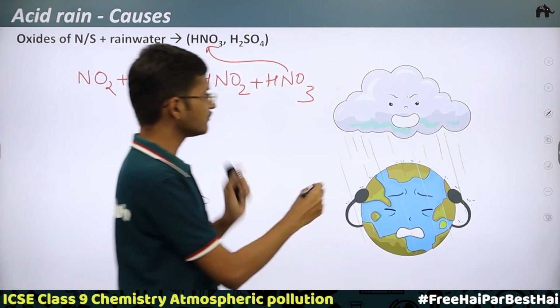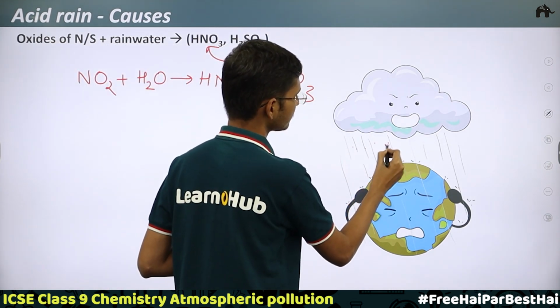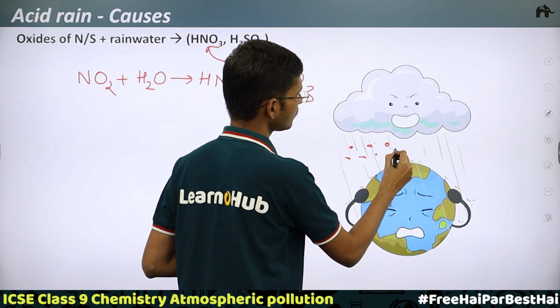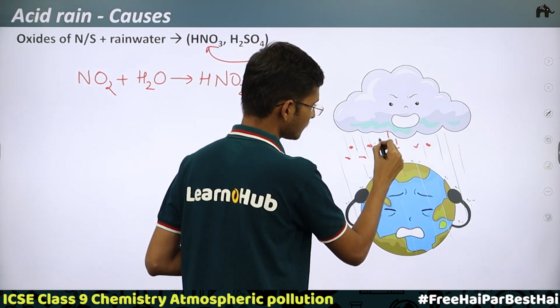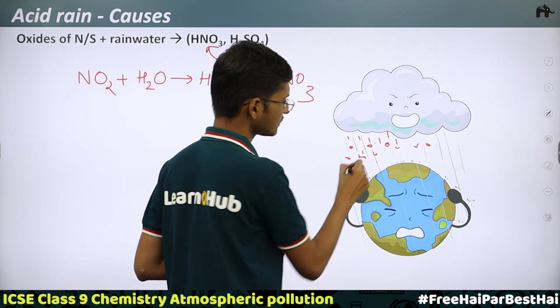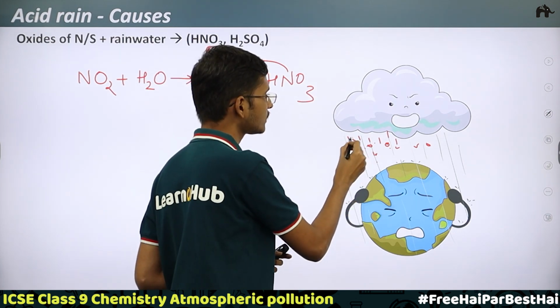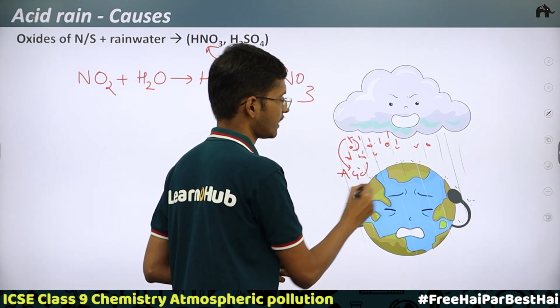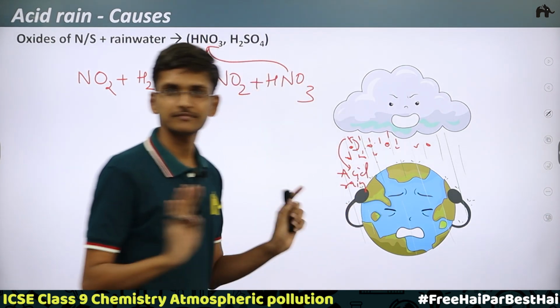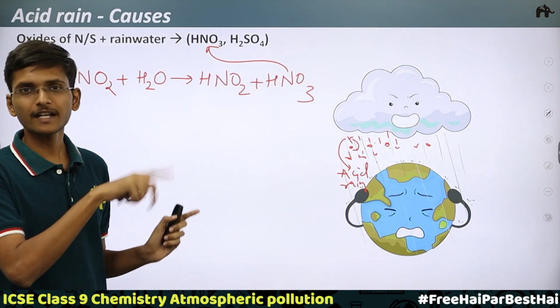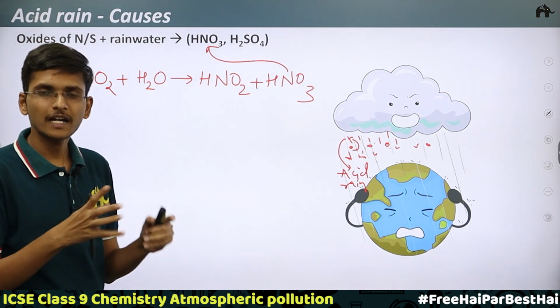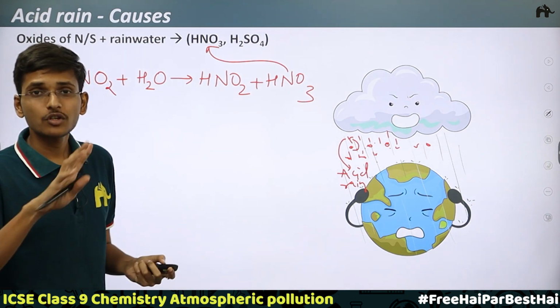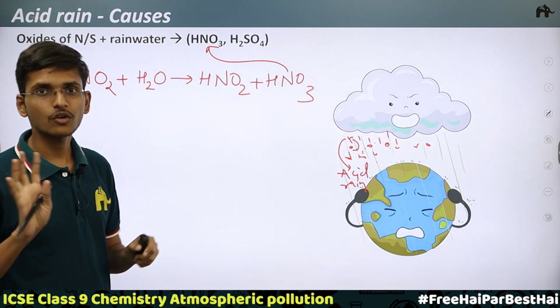And this nitric acid, which is formed in the atmosphere, when the rain comes, dissolves in the rainwater and turns this normal rain into acid rain. Clear? So in this way, the formation of nitric acid from the oxides of nitrogen is causing the acid rain.